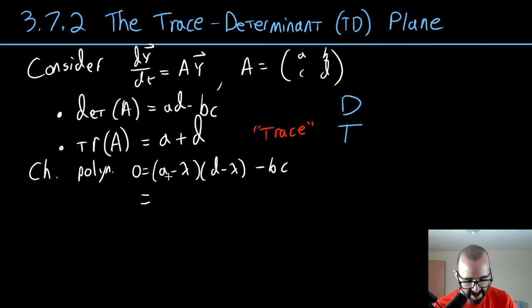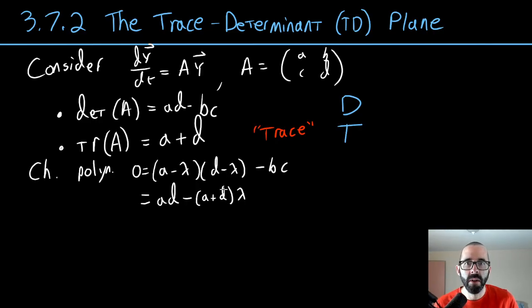When we FOIL all this out, what are we going to get? We're going to get AD, minus A lambda, minus D lambda. Let's just write it as minus (A plus D) lambda, which is the same thing.